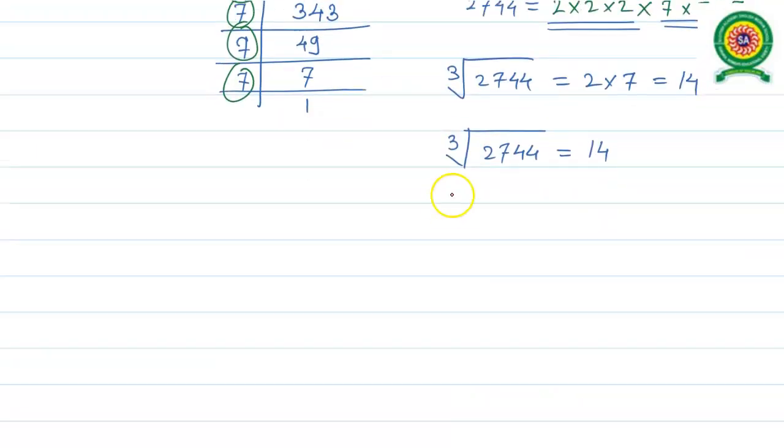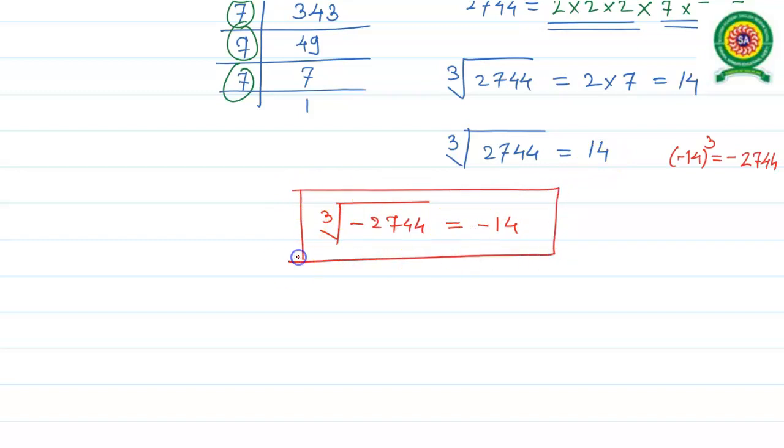But we have to evaluate the cube root of minus 2744. Again, it is well known that once we evaluate the cube of minus 14, definitely we will get the negative answer. A negative sign to an odd power, 3 is an odd number, so we have the negative answer. That means minus 2744. So the cube root of any negative number becomes a negative number itself. That means we have minus 14.